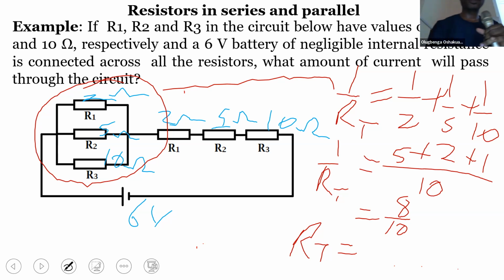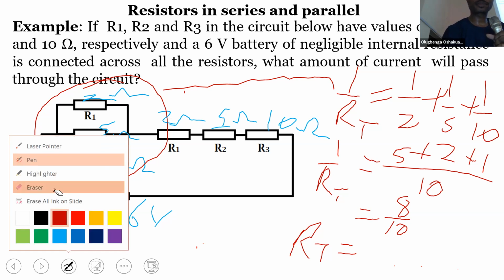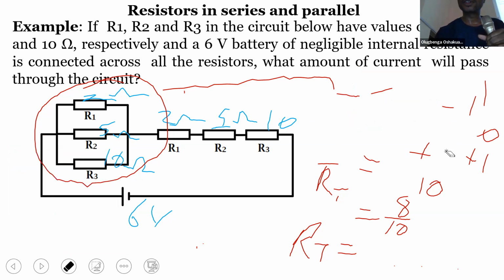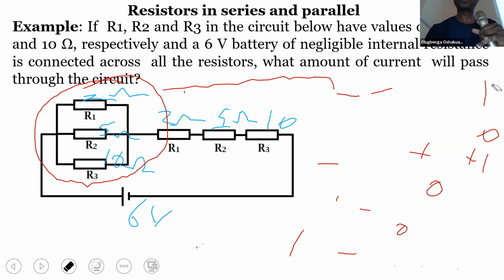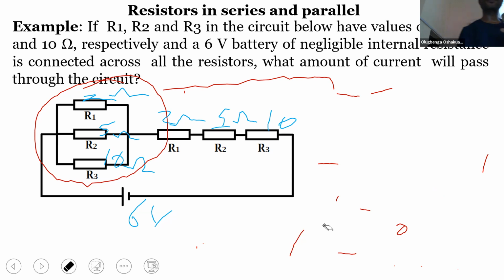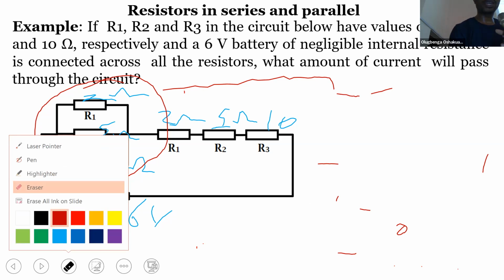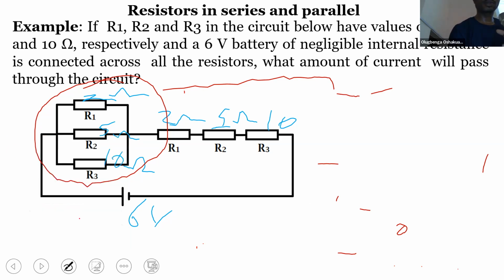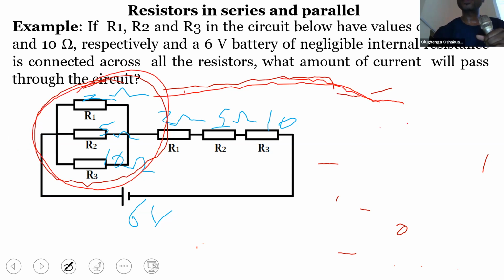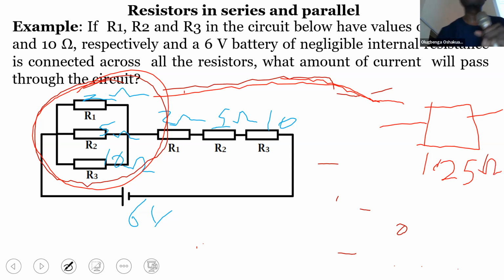Okay, so good. So we can draw on the board again to say that we now have a new circuit. This time around, instead of having all these 3 resistors, we can replace these 3 resistors with a single resistor that is rated 1.25 ohms, right?